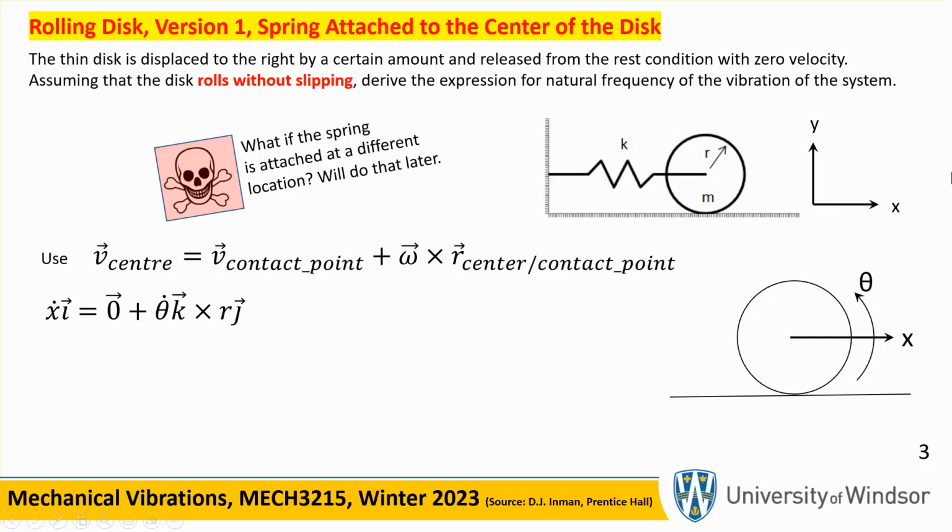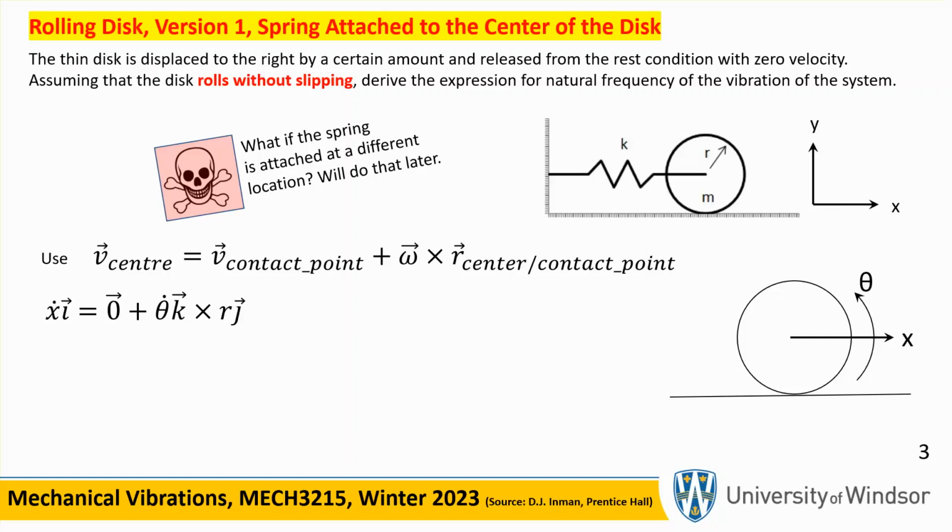Now, a couple of things you realize is that the contact point, which is this location where the two come in contact, has no velocity because that's the ground. Therefore, the velocity of the contact point is the zero vector.